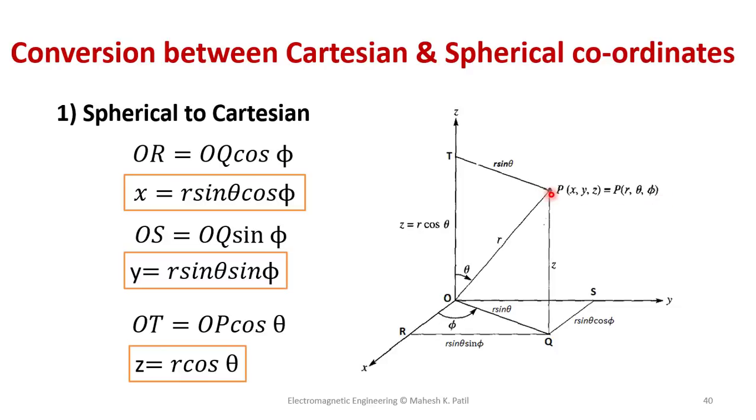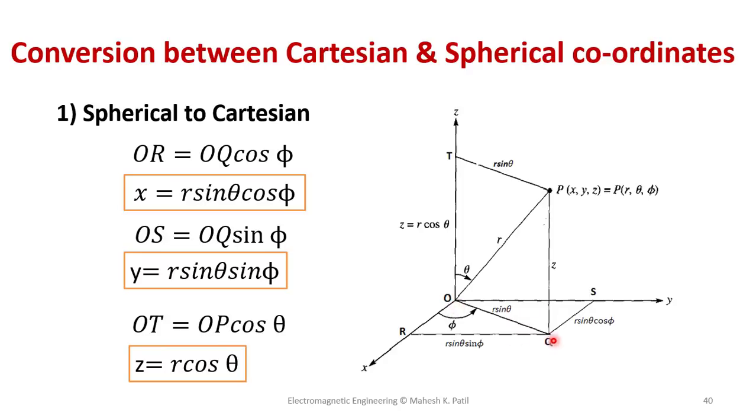Now if I draw the projection of this point P onto the xy plane, so I am going to get this projection. Let this is the projection which is going to meet on the xy plane at point Q. Therefore this point Q is joined to this origin, so OQ.